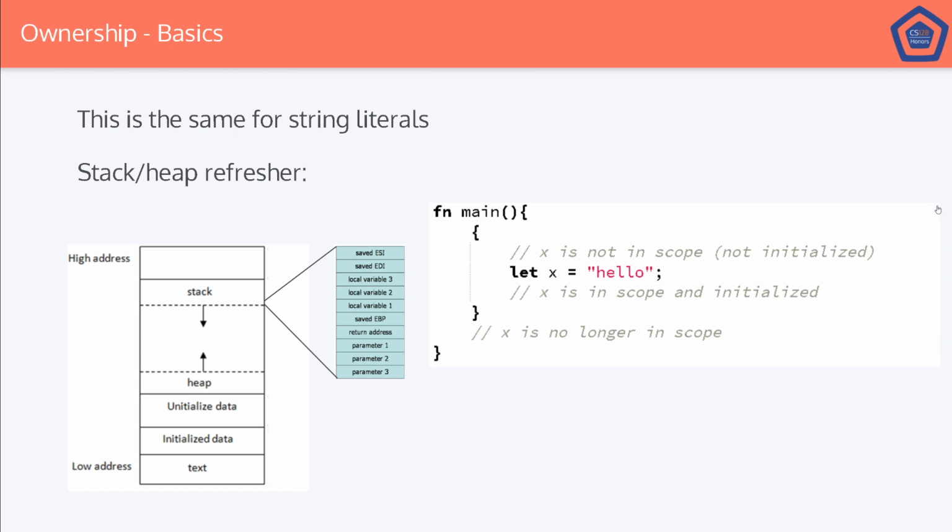And then more importantly, the ones I really want to pay extra attention to are these local variables. Local variables are, of course, things that we're creating as we're going. So let x equals hello, this is a local variable. And there are some critical details about stuff that is on the stack.